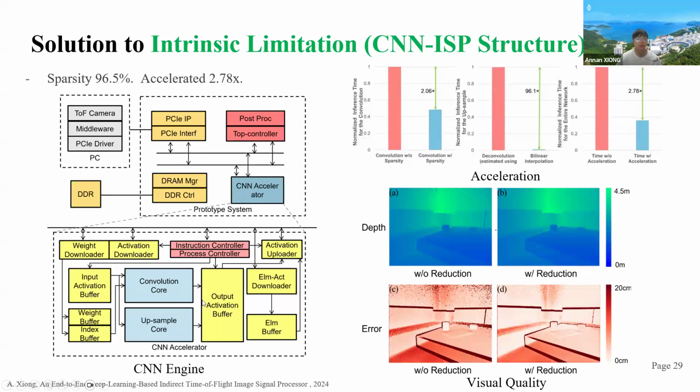The convolution core can carry out sparsity calculation for the convolution with the index of zeros in the weights. And for the upsample, we use bilinear interpolation to replace traditional deconvolution. With these two accelerations, we successfully accelerate the entire calculation by 2.78 times.